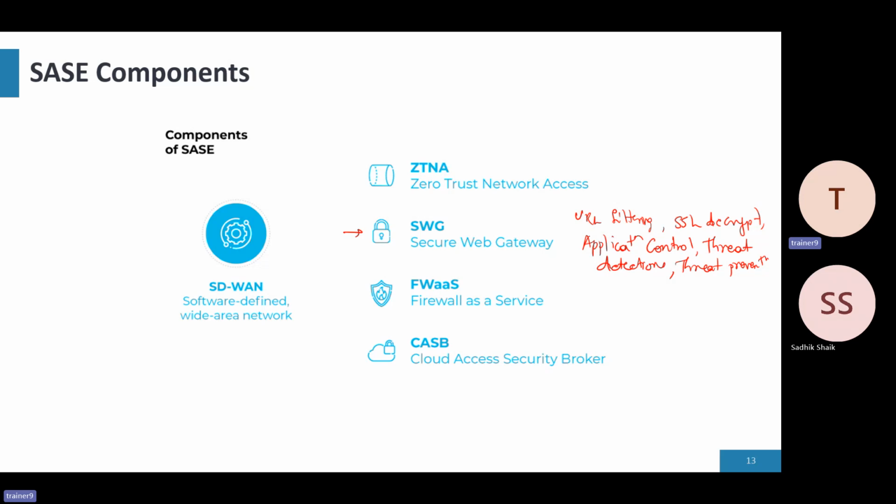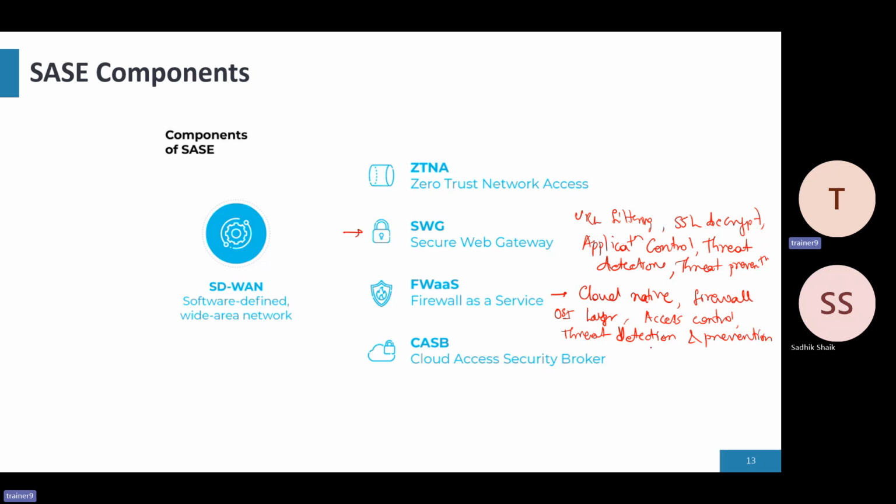Since it is a cloud native service that we might use, it will give me firewall capabilities, the latest next generation firewall capabilities, across all 7 layers of the OSI model. Then you have access controls built in. It can also provide the threat detection and prevention aspects very easily.